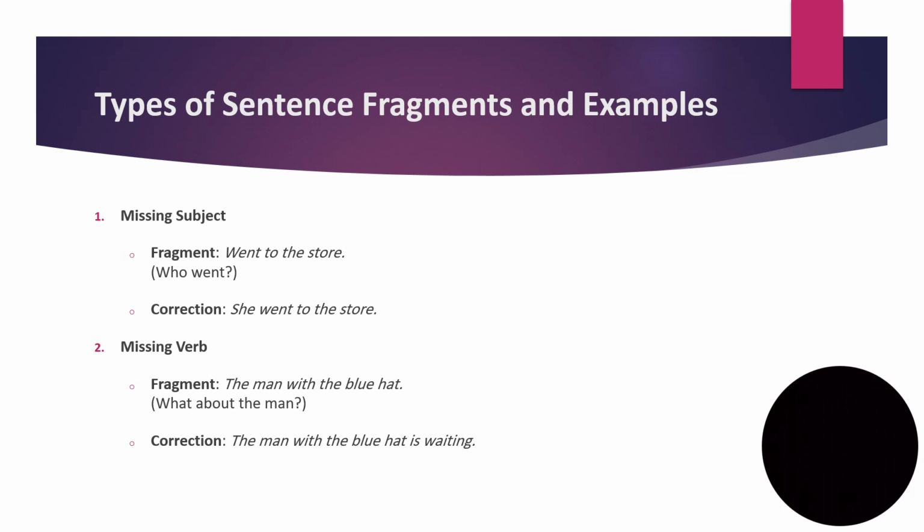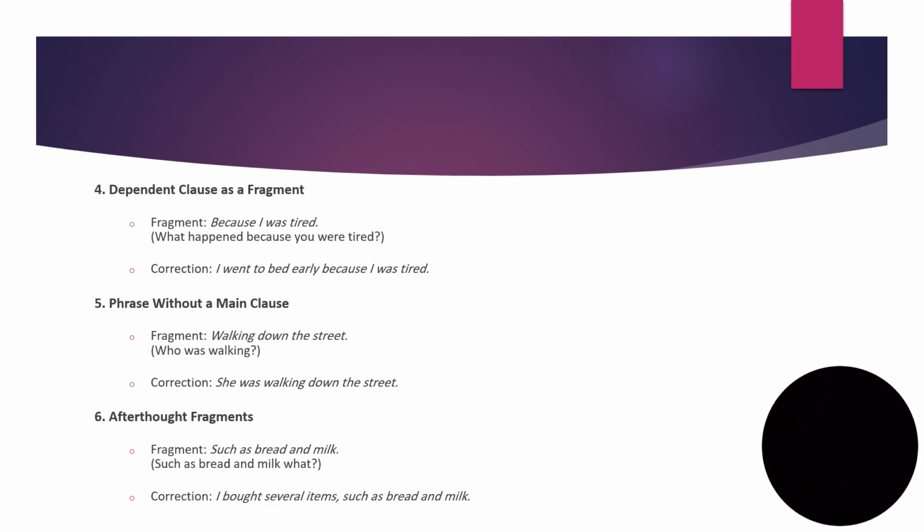What about the man? The correction here, the man with the blue hat is waiting. Third, we have dependent clauses as fragments. The fragment here, for example, because I was tired. So what happened because you were tired? The correction here, I went to bed early because I was tired.